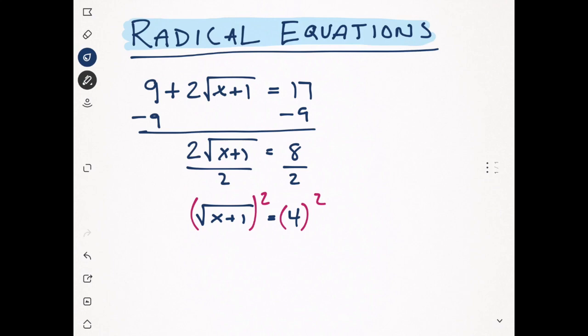And when we do so, we eliminate the radical on the left-hand side, and we square the 4 on the right-hand side. And then all we have to do is subtract 1 from both sides to get x equals 15.